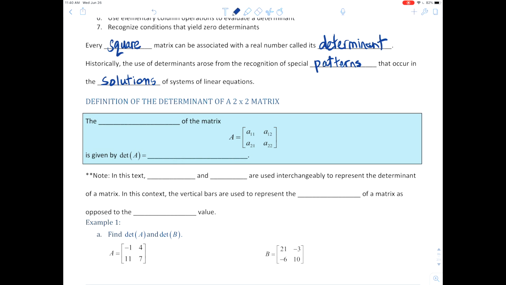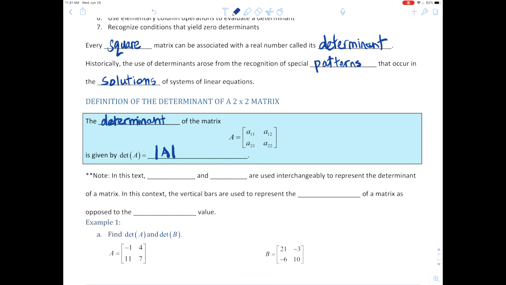So our first definition here is the definition of the determinant of a 2x2 matrix. The determinant of the matrix A equals [a11, a12; a21, a22] is given by, so you can either write det, parentheses, whatever your matrix is named. You can also write these bars here, which, when you're dealing with the real numbers, means the absolute value.